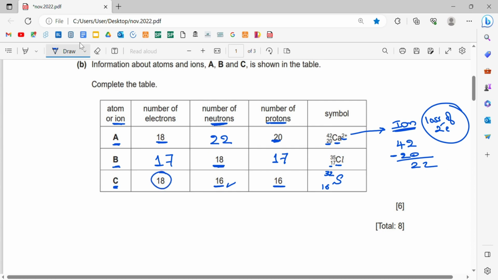Here the number of electrons is equal to 18. A number of protons 16, so the number of protons is not equal to the number of electrons. This means here the atom sulfur has gained 2 electrons. So gaining 2 electrons, this means it has 2 negative charges.